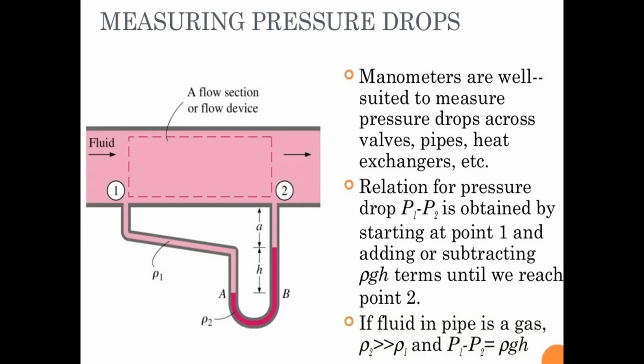If fluid in pipe is a gas, therefore, the density of 2 is far greater than density of the fluid 1, and P1 minus P2 is equal to gamma H or rho gH.